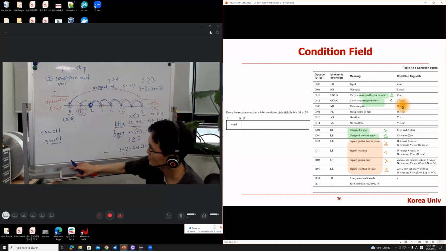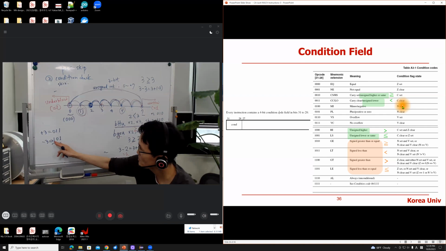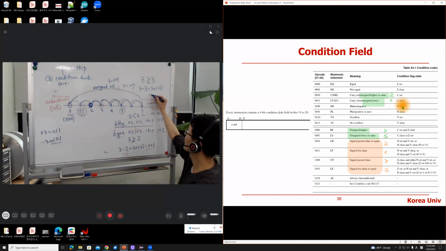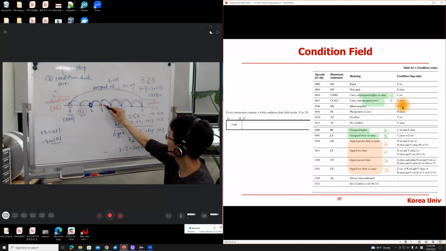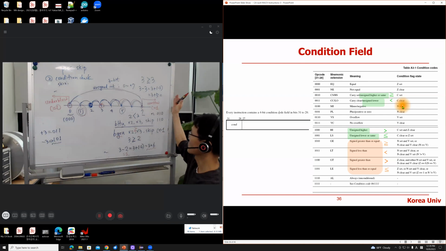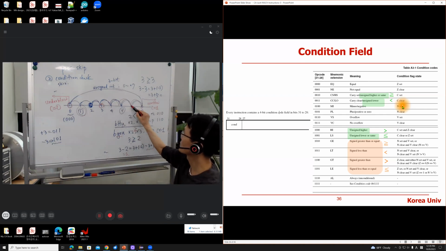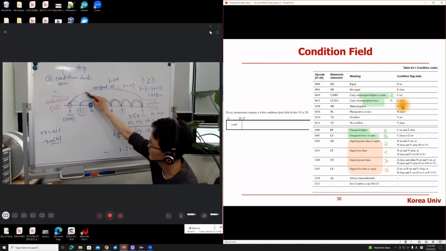Okay, minus 3 here. Minus 3 is 5, right? So the computer will do 3 plus 5. Starting from 3, you are moving 5 steps forward, right? 1, 2, 3, 4, and 5.